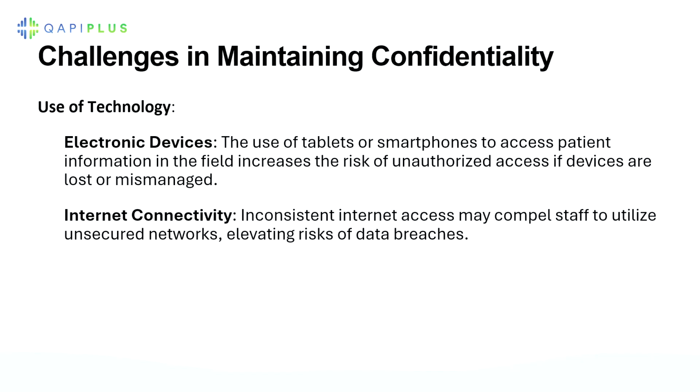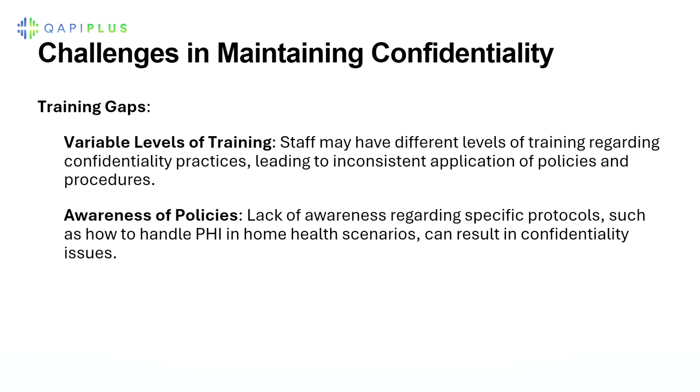Maybe we go to the next patient's home and want to wrap up our documentation there. Maybe we go home. So these are, again, things that we don't often really think about, and they are opportunities we need to improve upon so that we protect that patient's privacy.